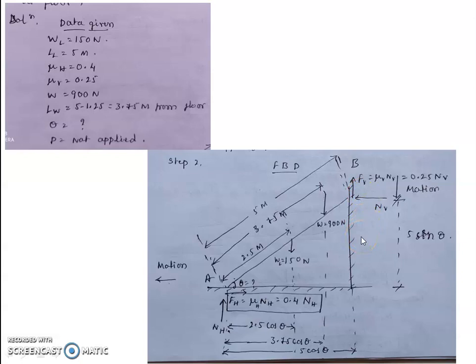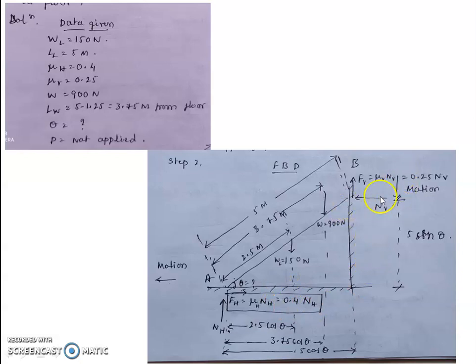This is the free body diagram. It has two contact points, A and B. At A, normal reaction NH is generated upwards, and since motion is towards the left side, FH will be acting towards the right side, like this. FH is equal to mu H into NH, that is 0.4 NH. It is given in the problem, mu H is 0.4.